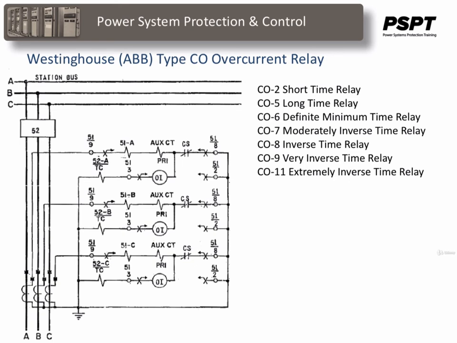For instance, a CO-2 is a short time relay, CO5 is a long time relay, right up to a CO11, which is an extremely inverse time relay. The connections to the system are the same, it's just that the characteristics and the time delays and curves will be different.